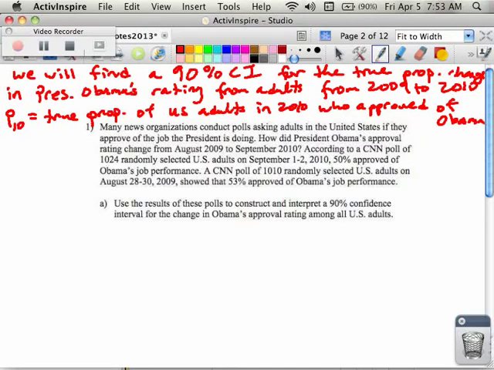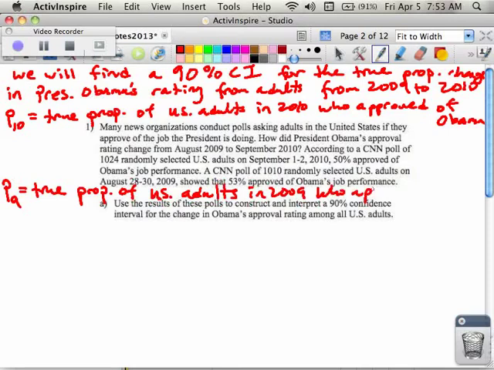And then I'll call P9, that's not an A, it's a 9, the true proportion of U.S. adults in 2009 who approved of Obama. And since you might have more room on your AP test, maybe you should write out the whole sentence. Maybe you'd say something like, in August of 2009, in United States adults, blah, blah, blah. So maybe be a little more detailed when you write it out, I guess.